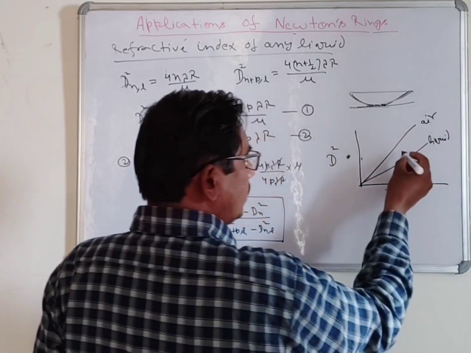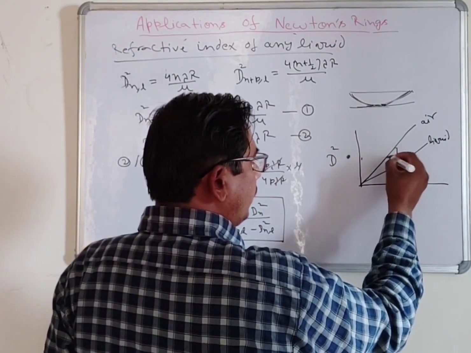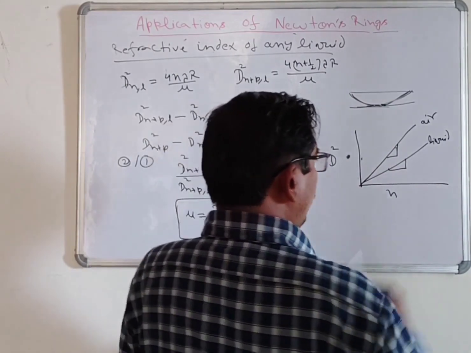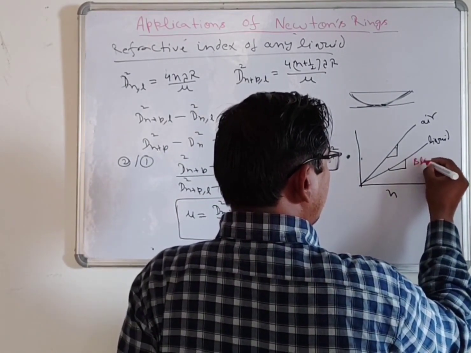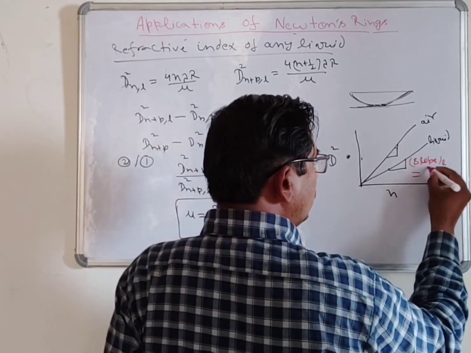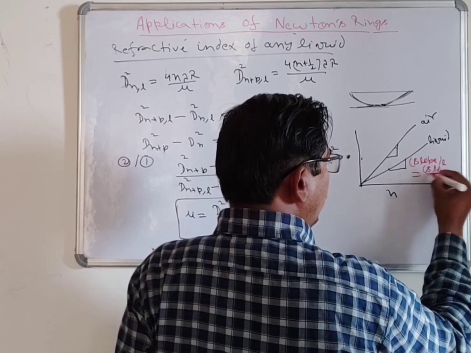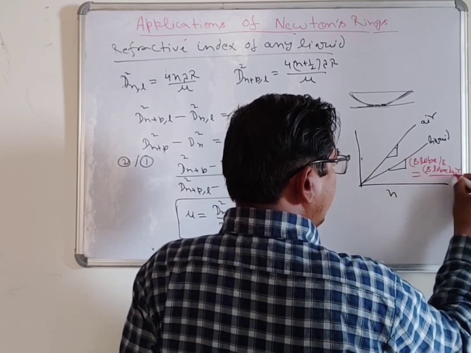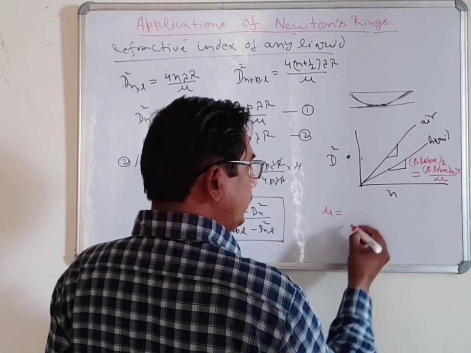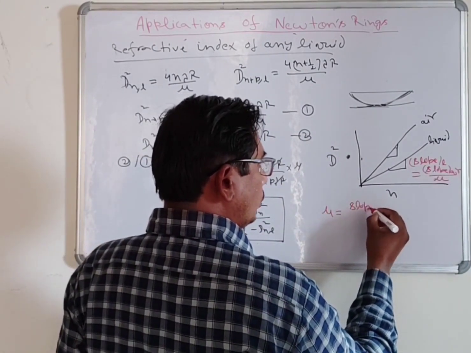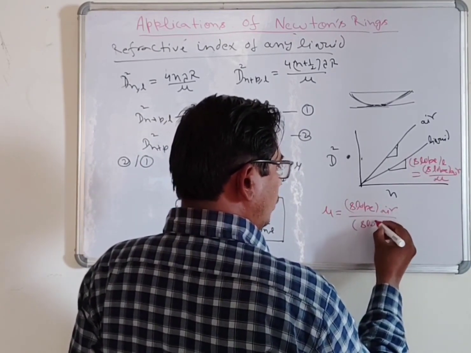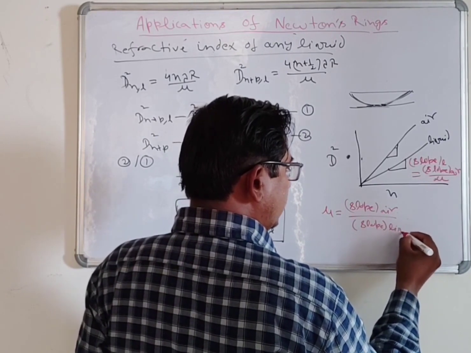So we see that the slope of the liquid is equal to the slope of air divided by mu. It means that mu is equal to the slope of air divided by the slope of liquid.